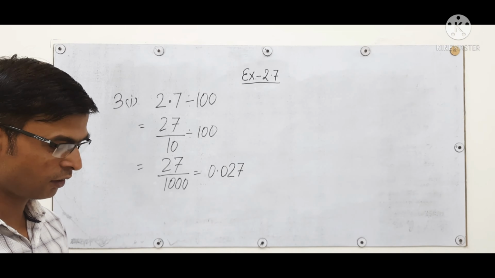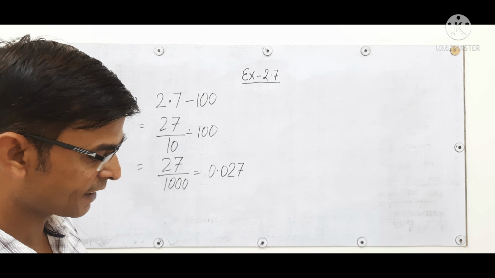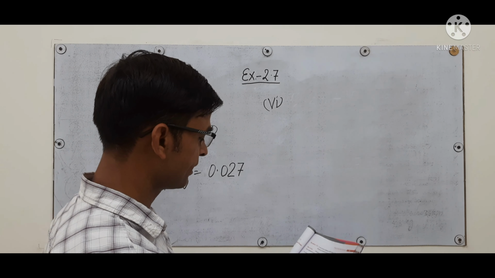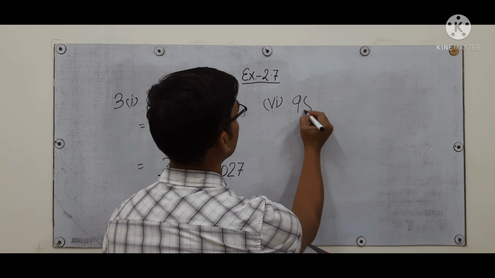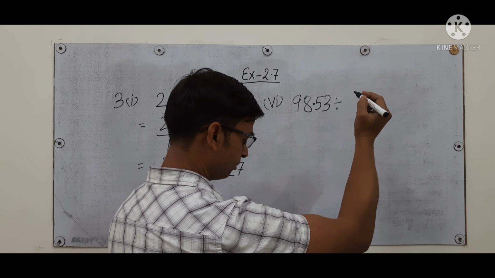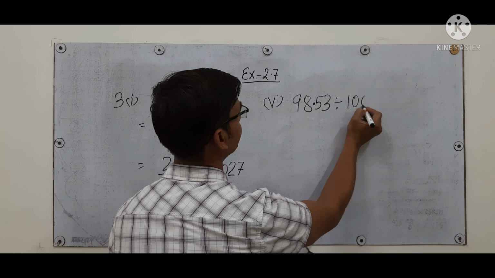And now we will solve its part 6. Part 6 is 98.53 divided by 100.